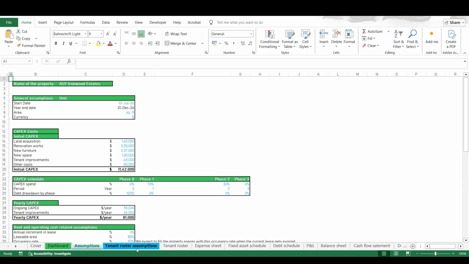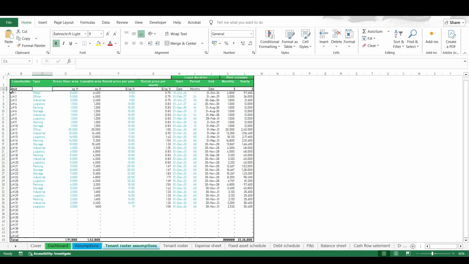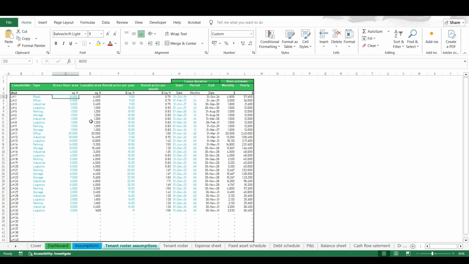So now I'll explain the tenant roster assumption sheet. Here we have the leaseholder, the type, and the gross floor area. From this we have a list of leaseholders. Then we have the type of leaseholder. Then we have the gross floor area, which needs to be input by the user, and then the leasable area gets calculated based on the assumption that we have taken.